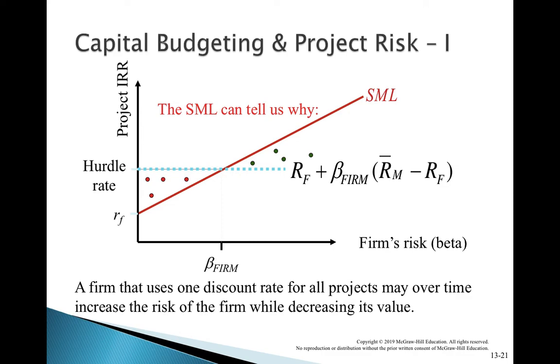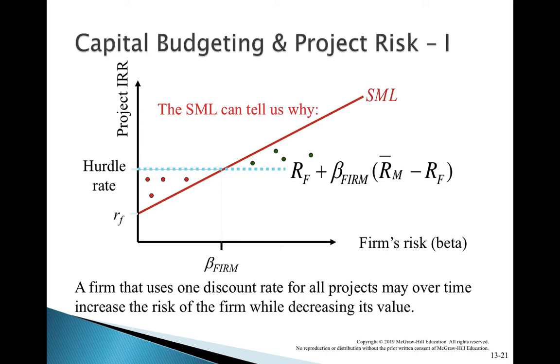Why? Those 4 projects which you rejected, they are the profitable ones because they are above the SML. Those 4 green dotted projects which you accepted, they are the loss making ones because they are below the SML. Anything below the SML is loss making, anything above the SML is profitable, and anything on the SML is indifferent.